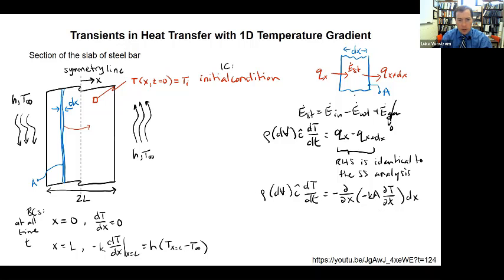Okay, now the little differential volume, if it has a face area A, and it has a thickness dx, then that volume is equal to A dx, right? I'm taking the face area and I'm sweeping it out over the length dx.